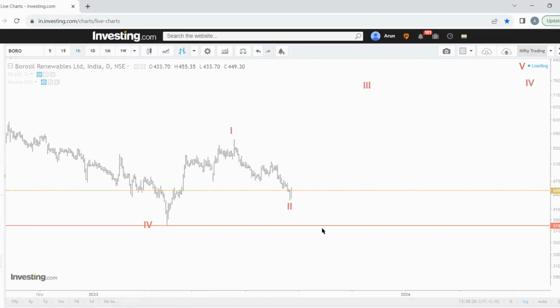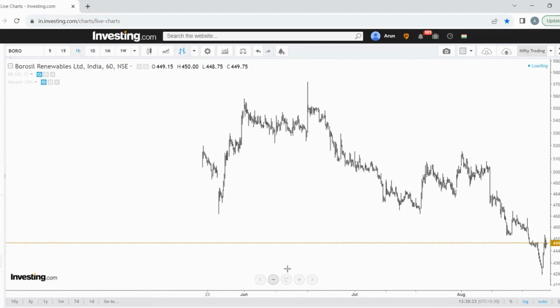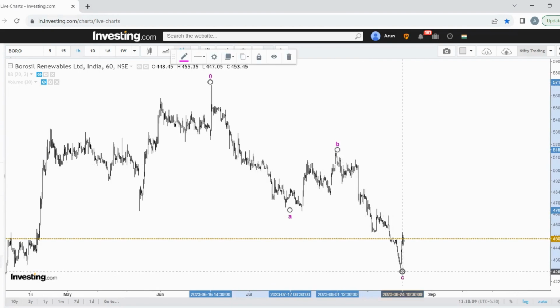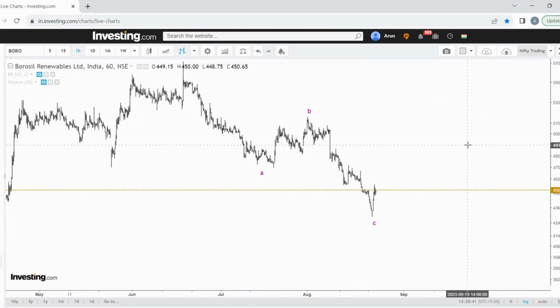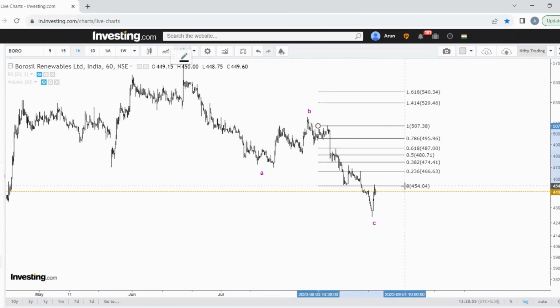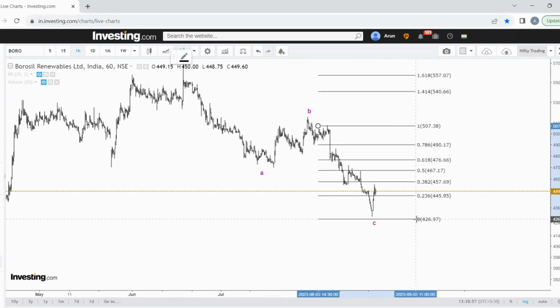So let me check in hourly. So if it is ABC, if it is A 3 wave, B, C 1, 2, 3, 4, 5. Yes, possibly it has been completed, or one more down, because everything is looking very steep. So 1, 2, 3.